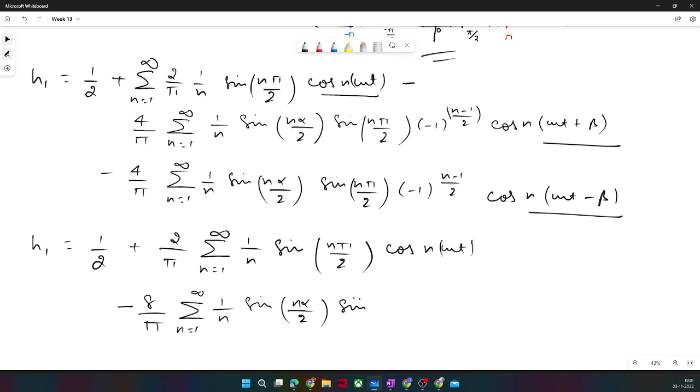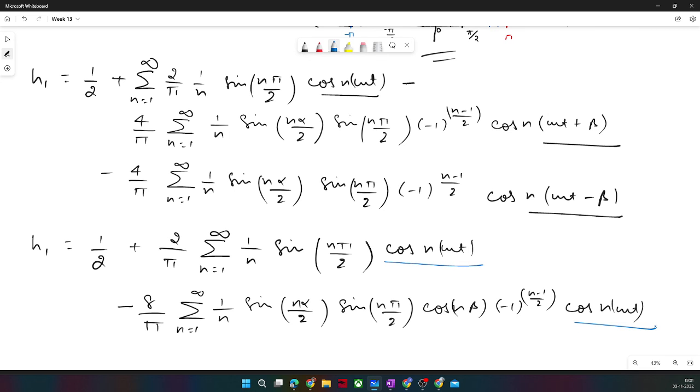Sine n alpha by 2, sine n pi by 2, cos n beta, minus 1 raised to power n minus 1 by 2, cos n omega t. So finally, we achieved it in the format of cos n omega t.